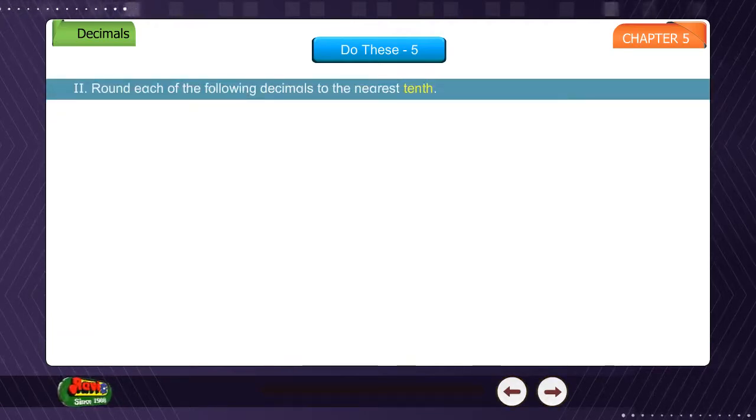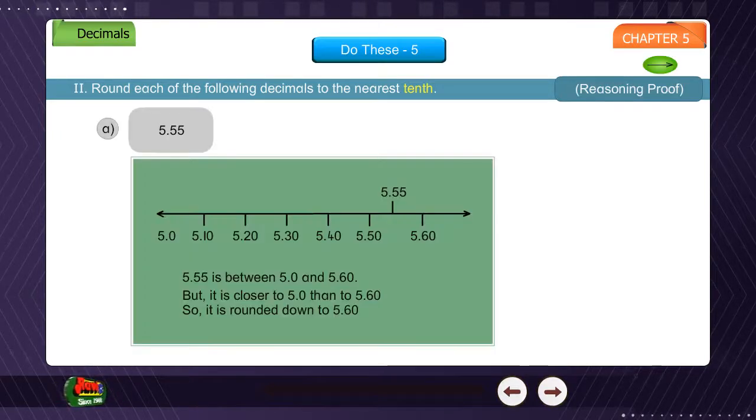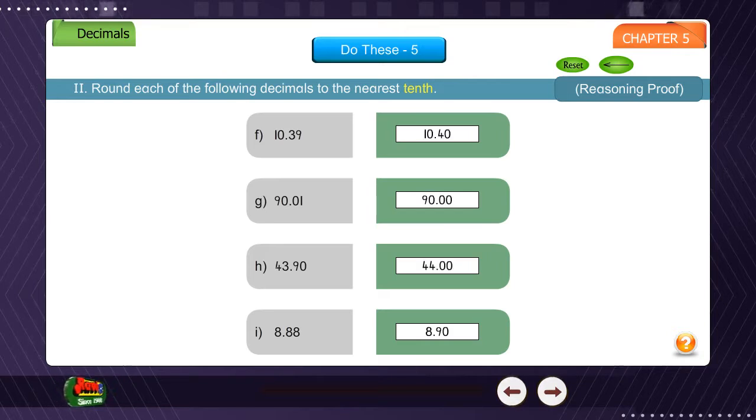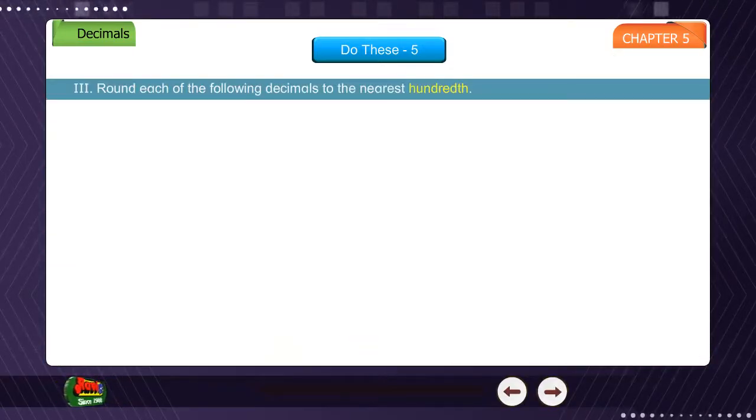Round each of the following decimals to the nearest 10th. 3. Round each of the following decimals to the nearest hundredth.